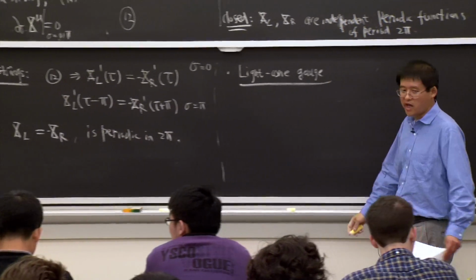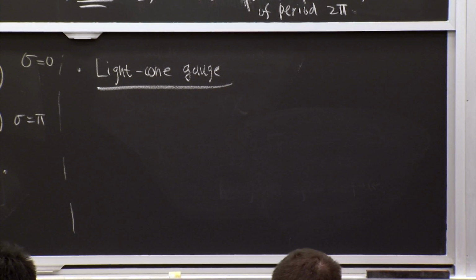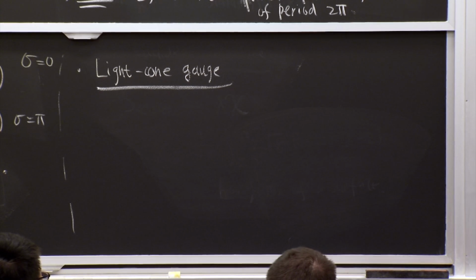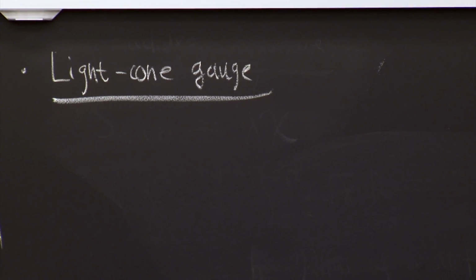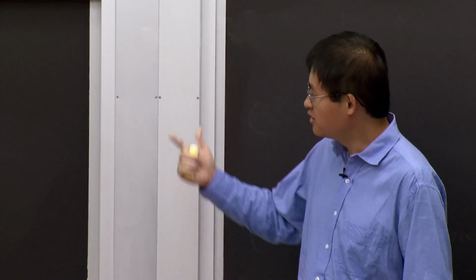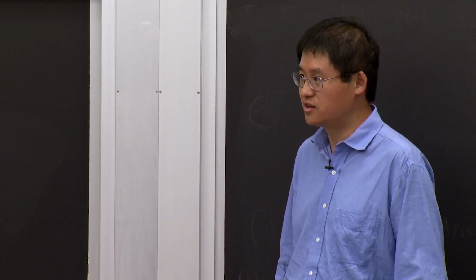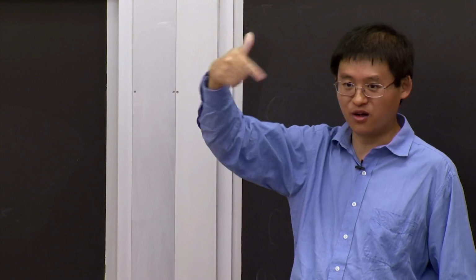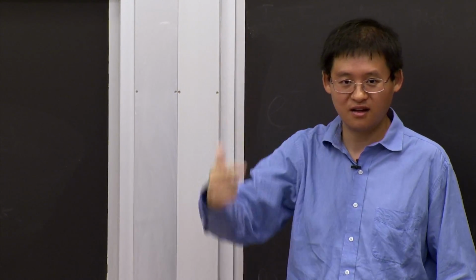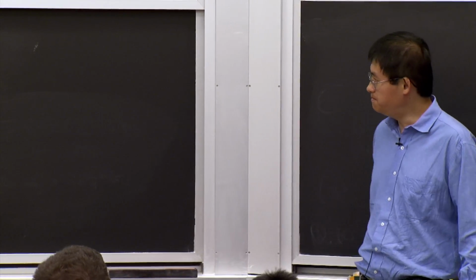This is an ingenious way to solve those constraints. It was first developed by four people, including our colleague here, Jeffrey Goldstone, who was among the first to quantize this theory using the light cone gauge. Actually, they quantized the Nambu-Goto action, not this theory.